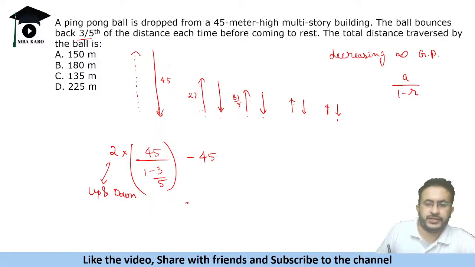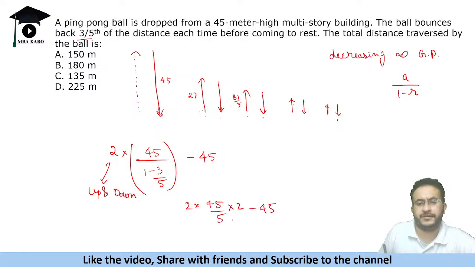So let us calculate: 2 into 45 upon 1 minus 2 by 5, sorry, 3 by 5, so into 5 by 2, minus 45.